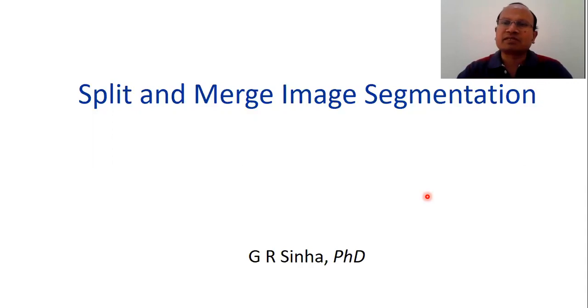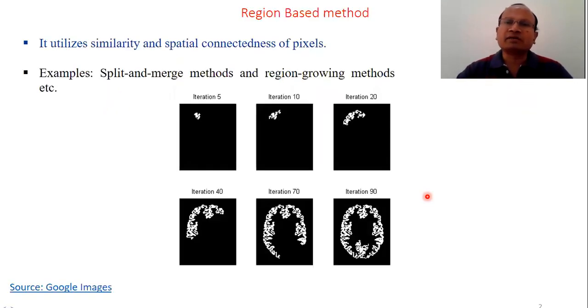One is pixel based and second one is region based. So split and merge image segmentation method is a very important method under the region based type of image segmentation.